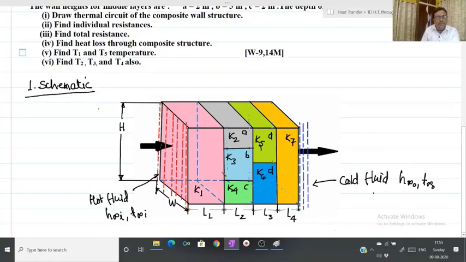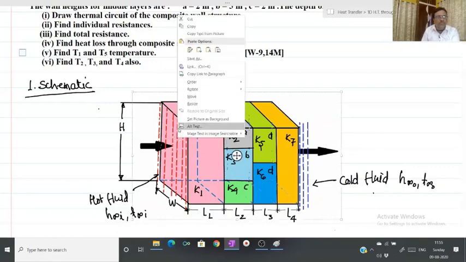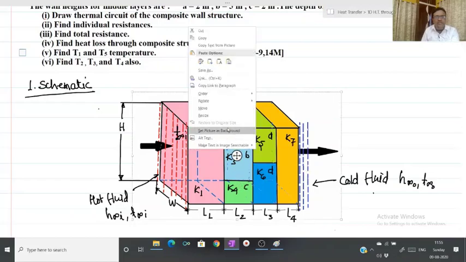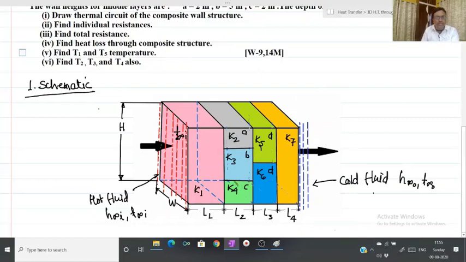Let's say temperature of this hot fluid is represented by T infinity i. Temperature of the left face of this slab is already denoted. It is T1. Let's say temperature at the interface is T2, which is not shown. So I am assuming temperature of this interface is T3.